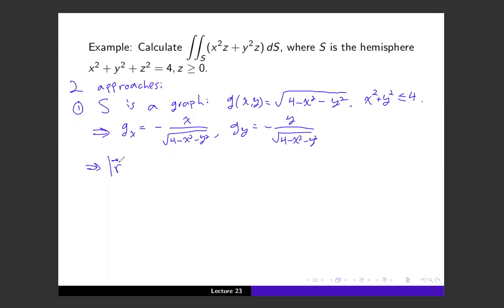So in this case, the magnitude of Rx cross Ry, using our graph trick, if you remember it, is the square root of gx squared plus gy squared plus 1.